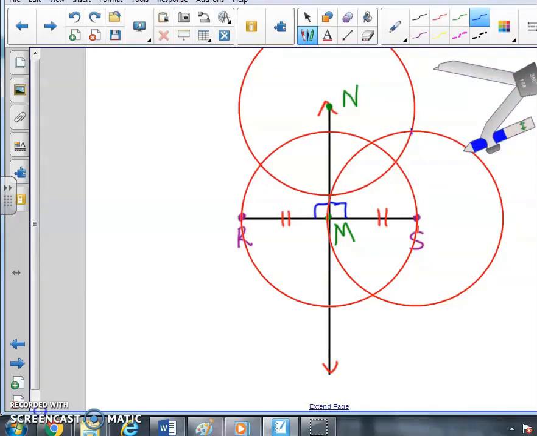Doesn't really matter, but let's say it's point P. Well, what we know is that our square, the length from here to here will be equidistant from here to here. And then we also know that our square is constructed right here. So all 4 lengths will be of equal distance.